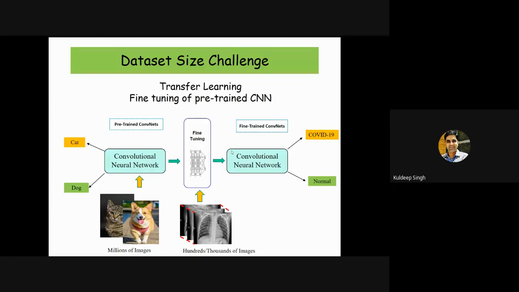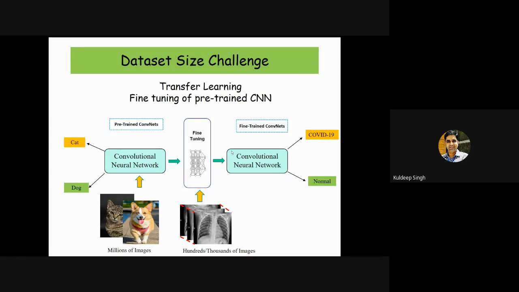The solution, we call it transfer learning or fine tuning of a pre-trained network. The idea is we can transfer the learning from one domain to our medical domain. We take a pre-trained convnet which has been trained on some other images like natural images, or suppose a convolutional neural network trained to classify between cats and dogs.